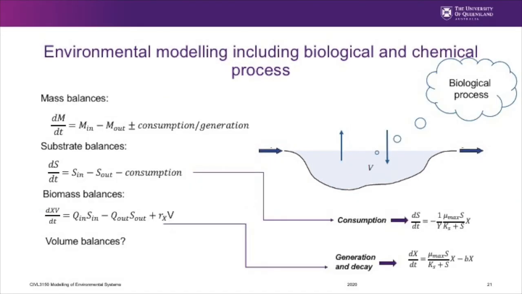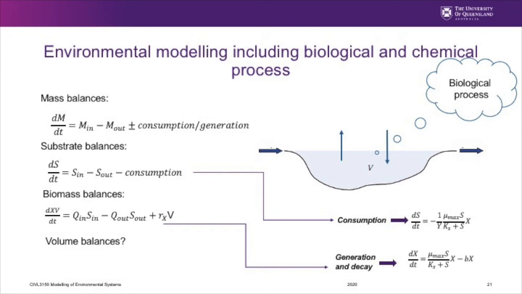So our overall equations, in terms of mass balances, will include the mass entering the system and the mass leaving the system, plus or minus the consumption and the generation of that specific mass that we're tracking.